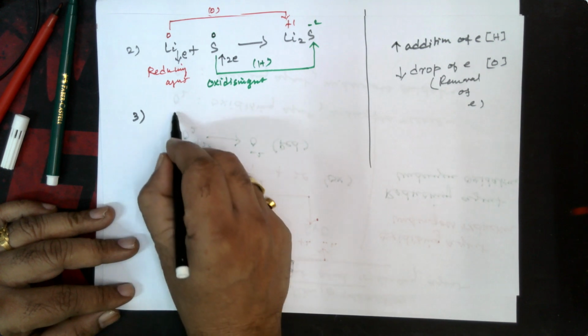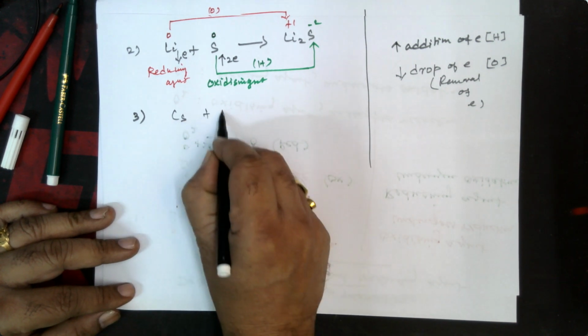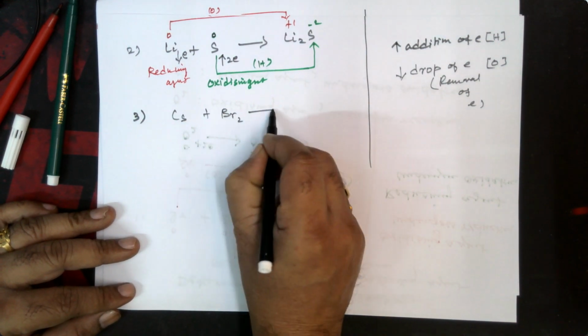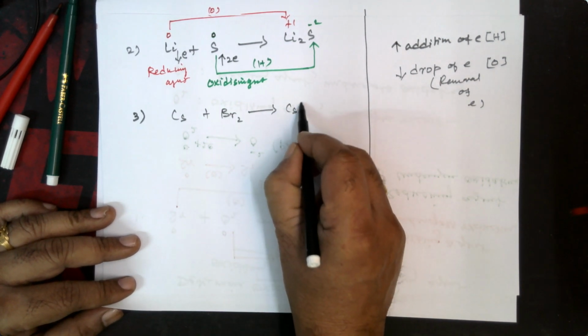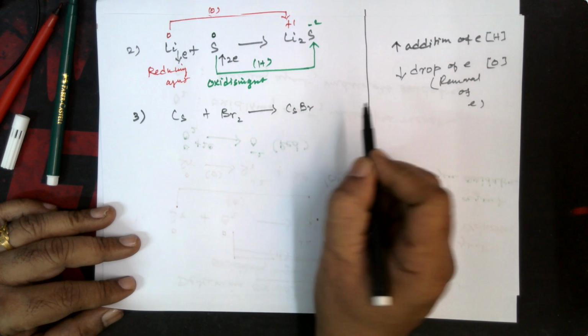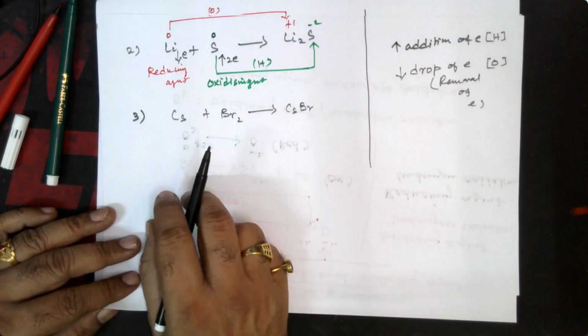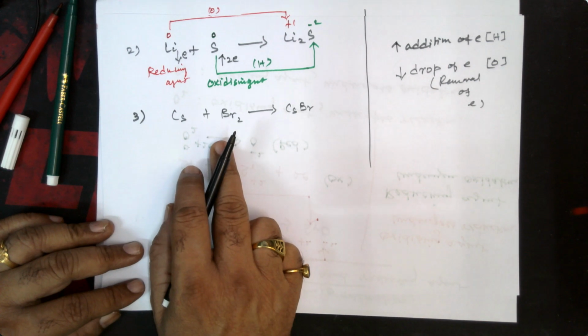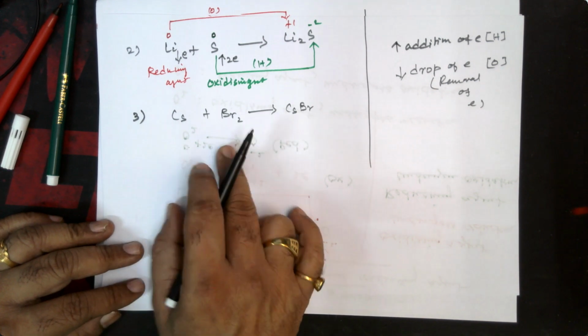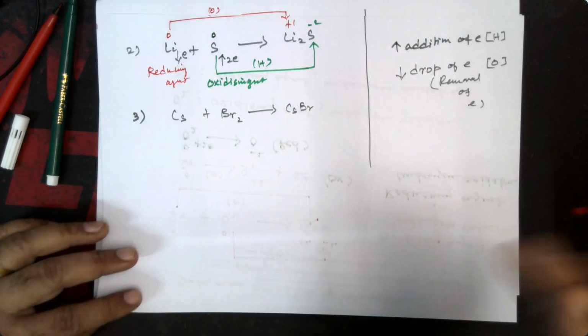Cesium plus Br2 becomes CsBr. These are all unbalanced equations. So you have to interpret the proper reducing, oxidizing agents and reduction, oxidation, and also number of electrons transferred. Try this.